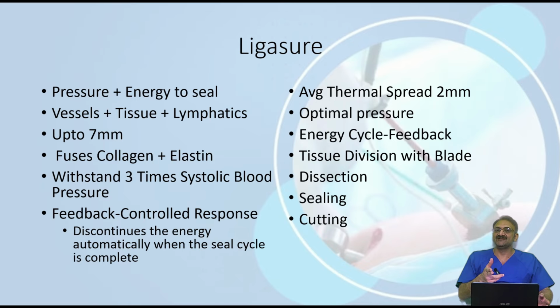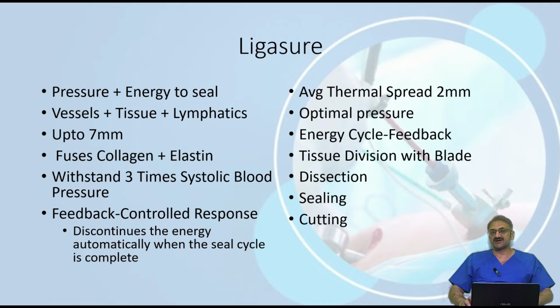You press a button, this button starts transferring the energy to the tissue, and once the tissue is completely coagulated and the seal cycle is complete, it automatically gives a feedback, and the energy is discontinued, by which you know that the tissue is completely coagulated. If the tissue is not completely coagulated, it gives you a different kind of alarm. So it is kind of communicating with you, and it is a really useful and intelligent source of energy.